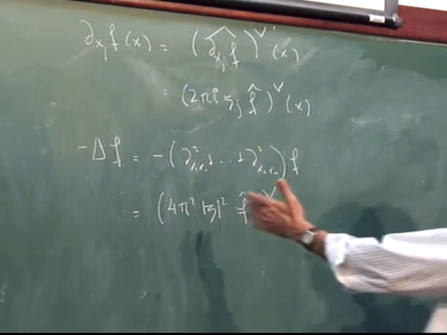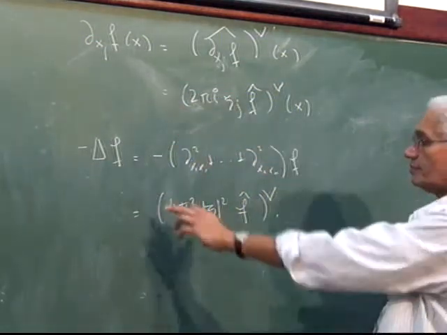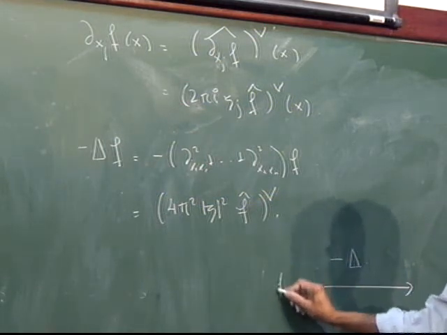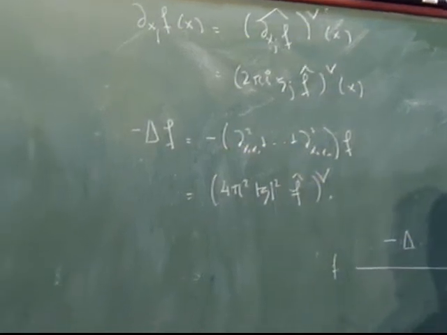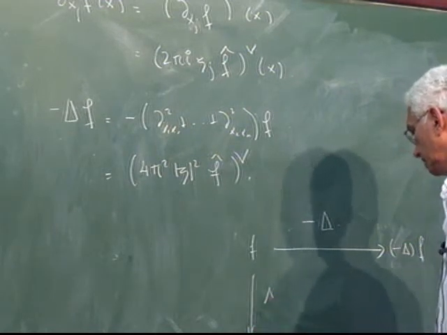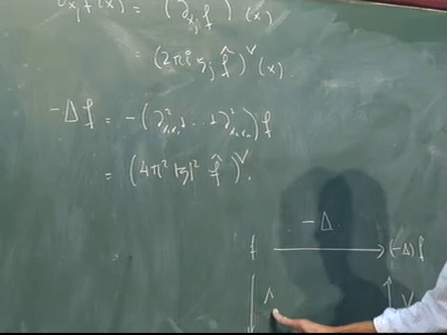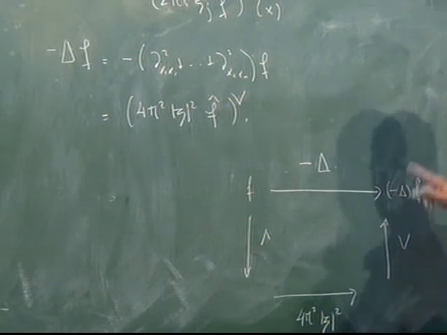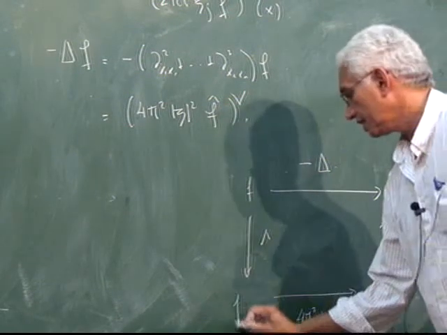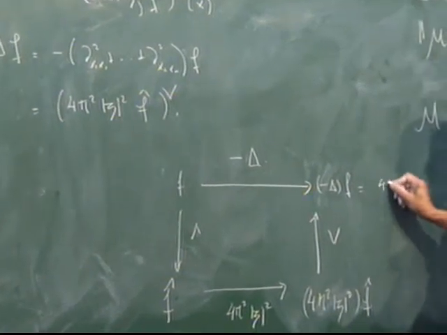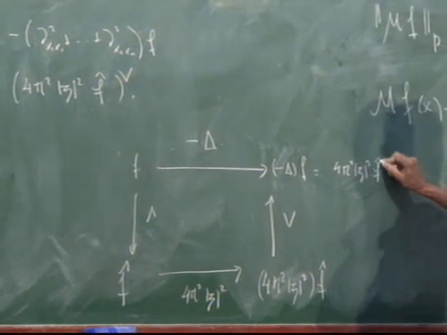Then to take minus the Laplacian is just to take the Fourier transform, multiply by 4 pi squared |xi| squared, and go back with the inverse Fourier transform.